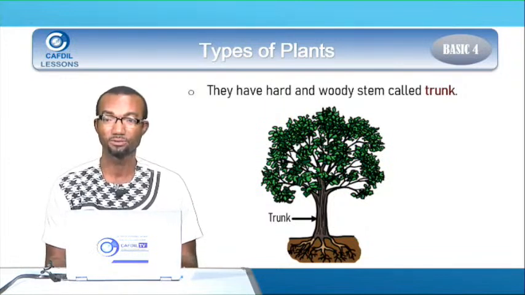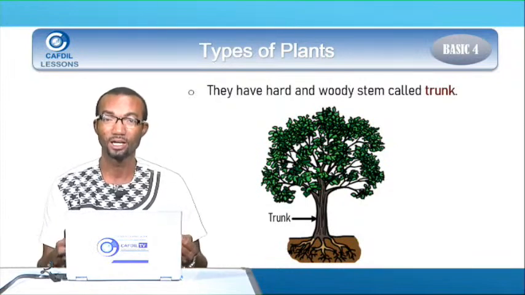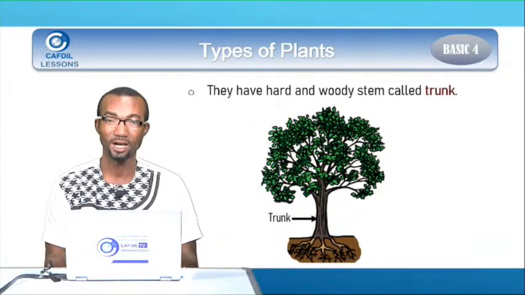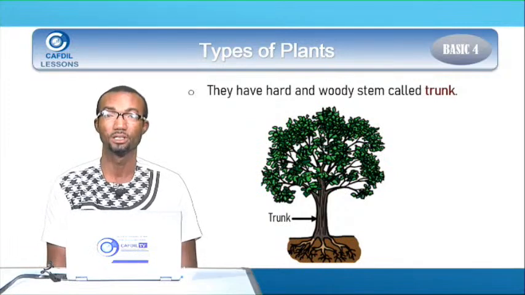And kids, if you have seen, people cut this trunk and we use it for many things. We can get firewood from the trunk. We can get wood that can be used for tables, chairs, beds, and other things. So they have a hard and woody stem called trunk.